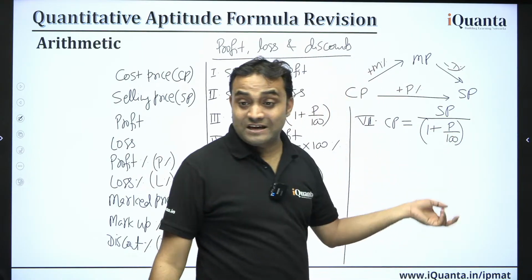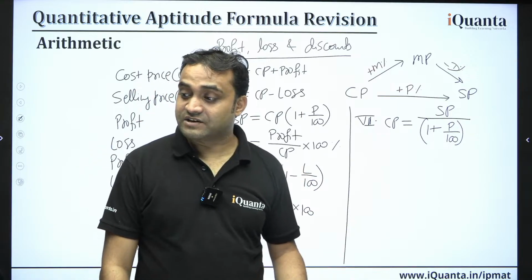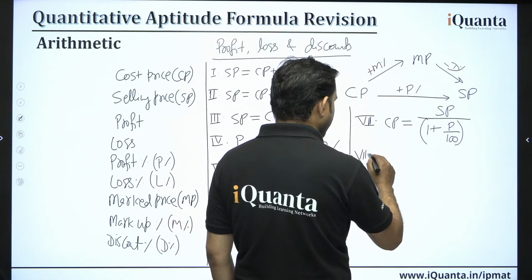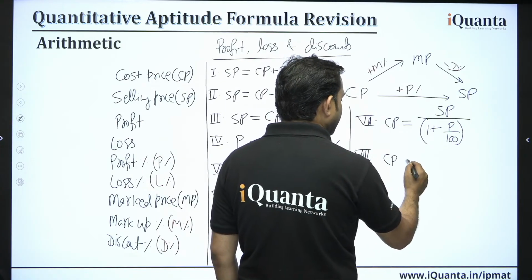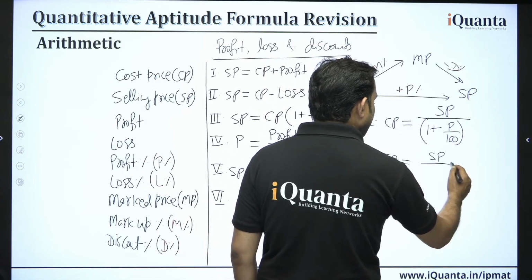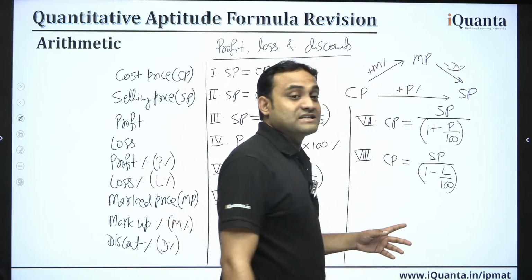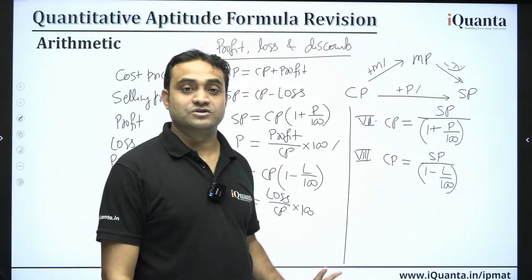So if selling price and profit percentage is given, you can use this formula. Then we can find cost price as selling price divided by 1 minus L upon 100. If selling price and loss percentage is given, we can use this one.